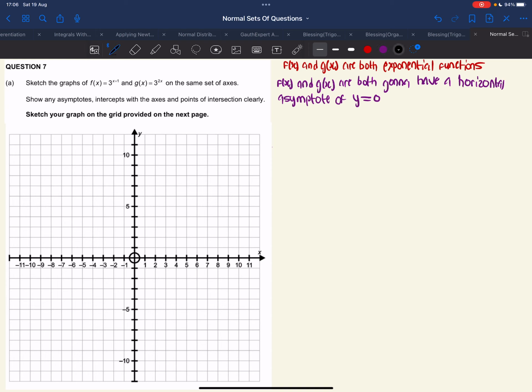Now we're going to try finding the intercepts as well as the points of intersection for both of those functions.